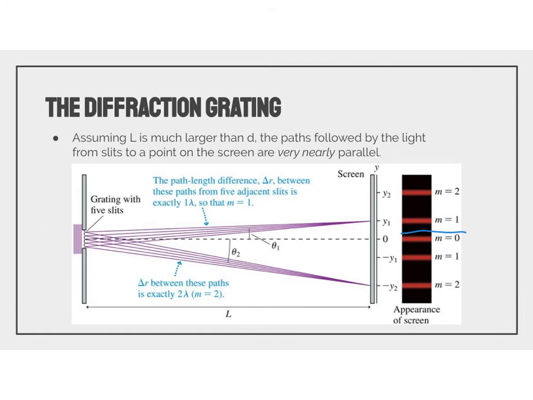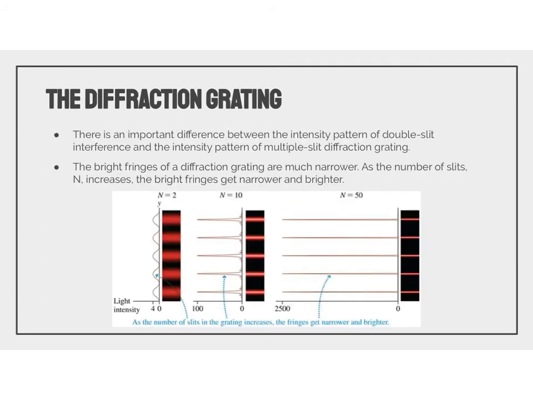I have this central maximum like I did before. I'll always have a central maximum. Then I have a band of light just outside. But look how far away the second band is. It's not uniform like a double slit experiment. It gives me a slightly different pattern. We don't need to get into what that pattern is too much, but this is more evidence that light acts like a wave.